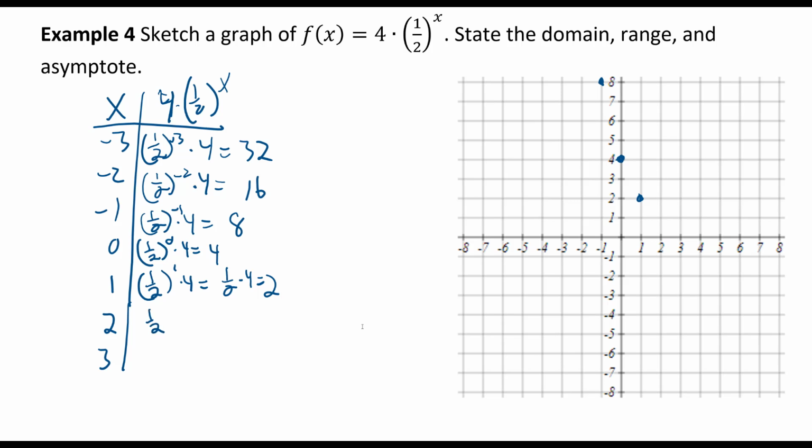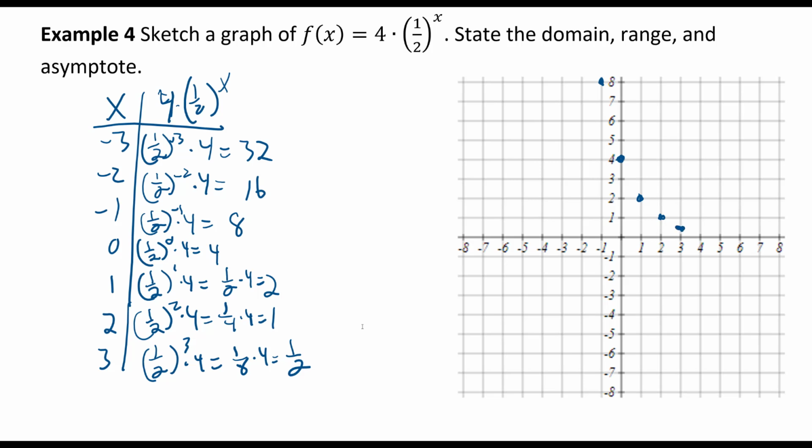Then 1/2 to the 2 times 4 is 1/4 times 4, which is 1. And then 1/2 to the 3rd times 4 is 1/8 times 4, which is 1/2.